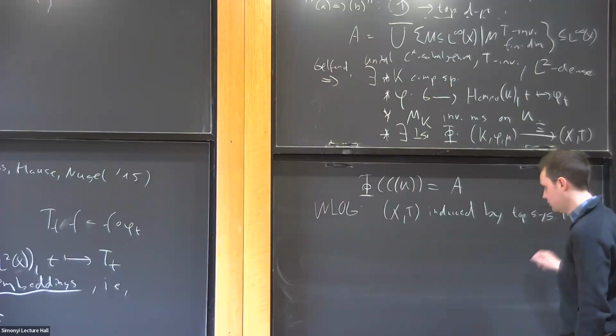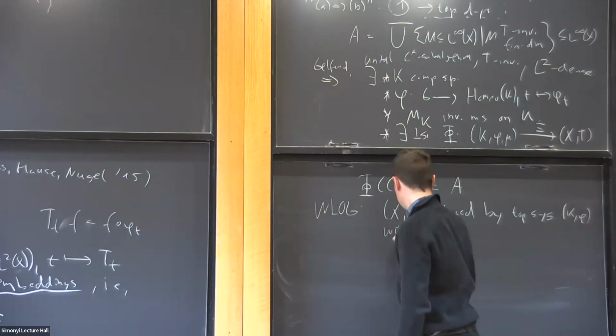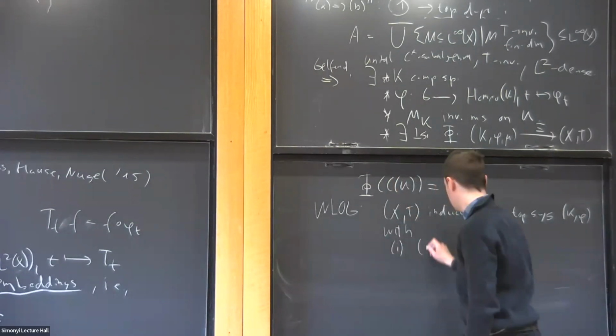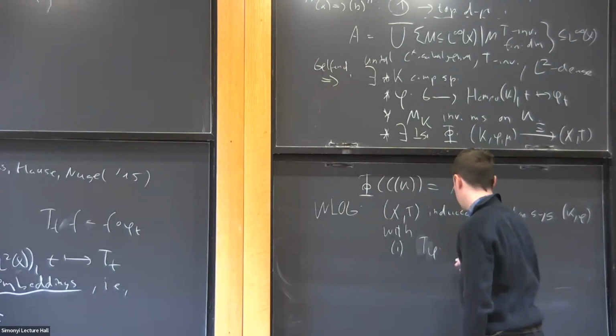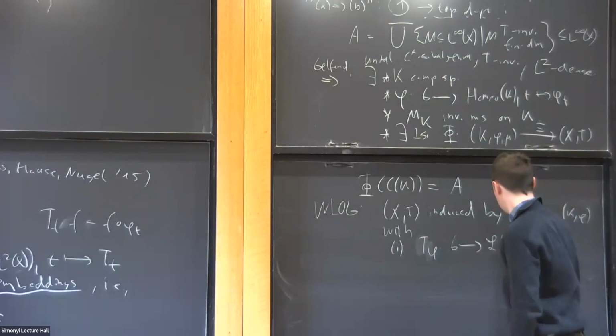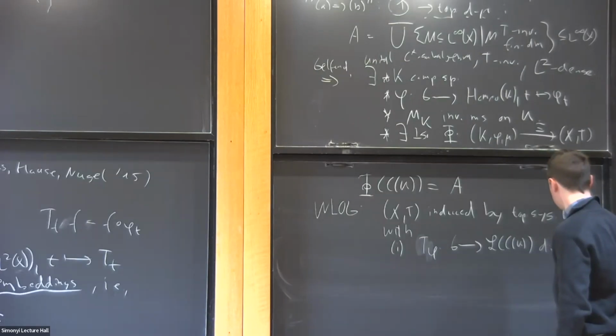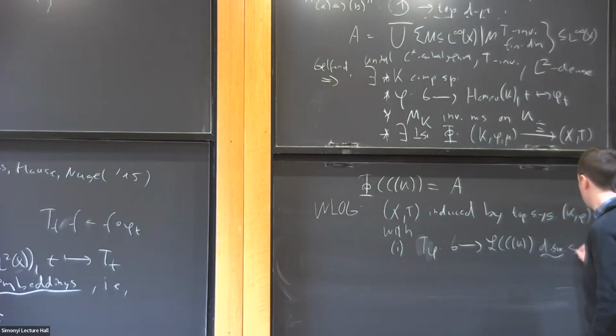And this topological system has now two properties. So the first one is that the induced Koopman representation on the continuous functions now has discrete spectrum. This is by choice of my algebra B.